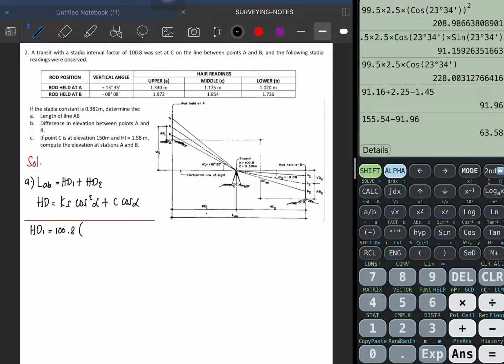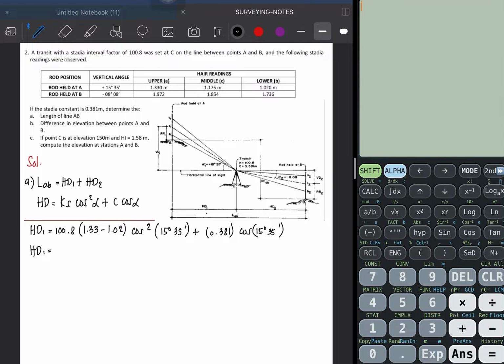And then S, so HD1 is rod held at A. So S is 1.33 minus 1.02, and then cosine squared of alpha, the angle is 15 degrees 35 minutes, plus C, given you have 0.381, and then cosine of alpha, which is 15 degrees 35 minutes.